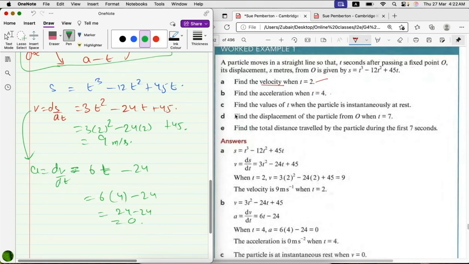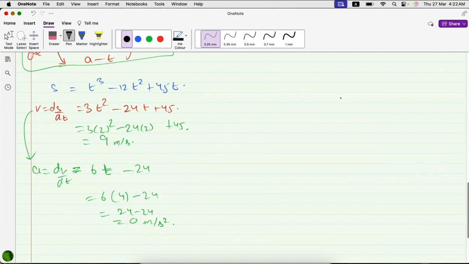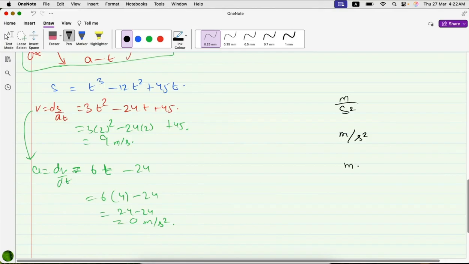The answer gives 9 meters per second to the power of negative 1, and for acceleration, 0 meters per second to the power of negative 2, that is 0 meters per second squared. Do we have to put negative 2 or can we just put squared? That's just writing style. If you write it this way, that is meters per second squared, or you take that as a numerator.